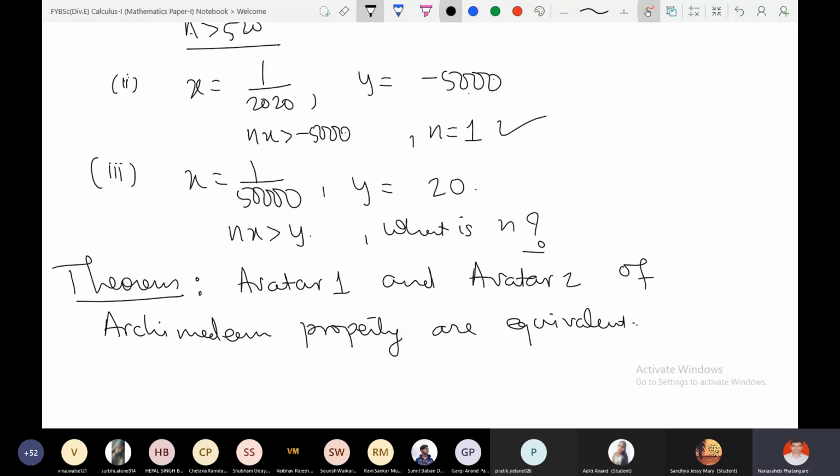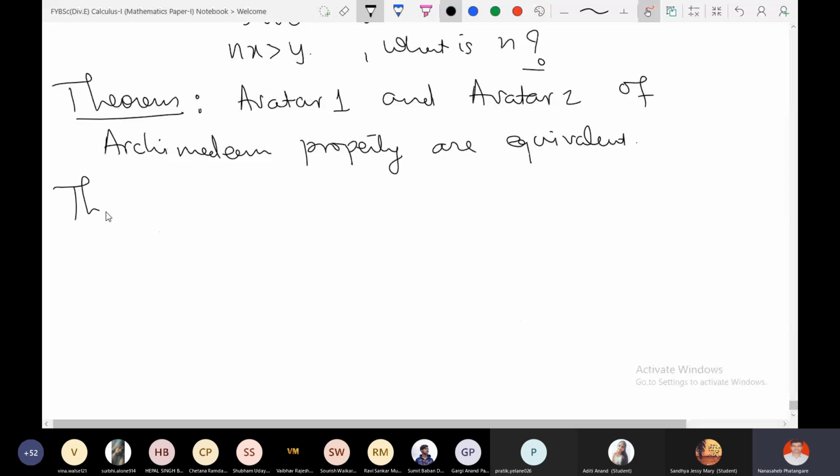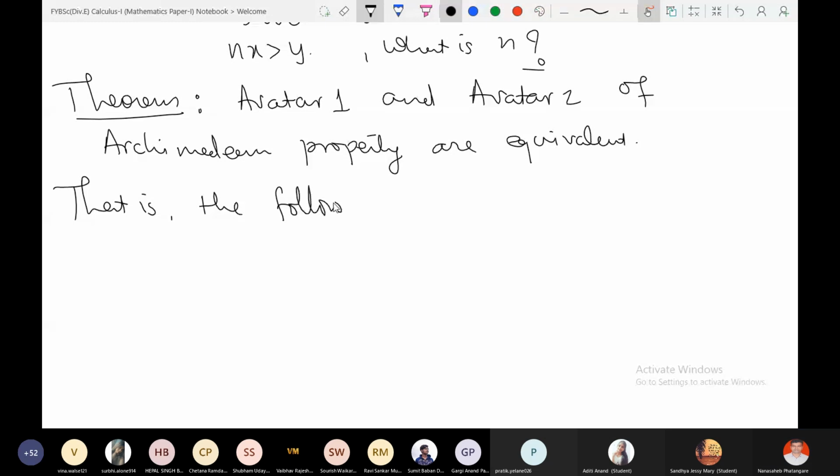Version 1 and version 2 of the Archimedean property are equivalent. That is, what does it mean? The following are equivalent. So the following statements are equivalent.